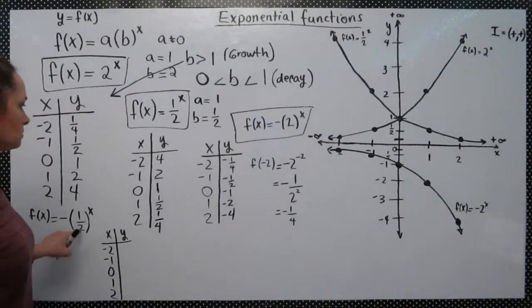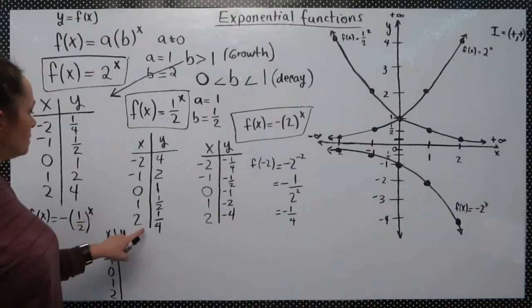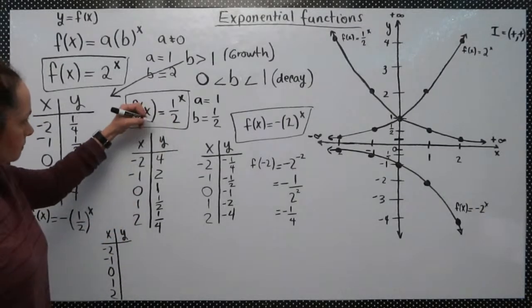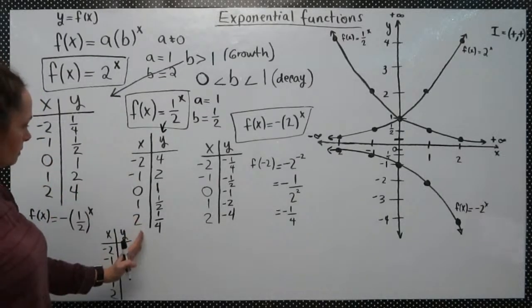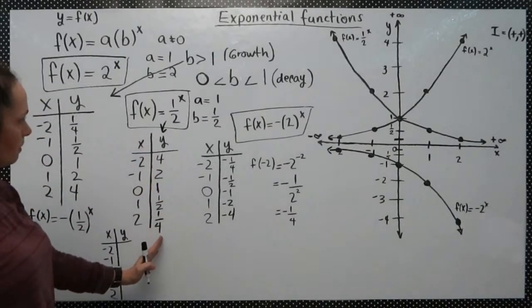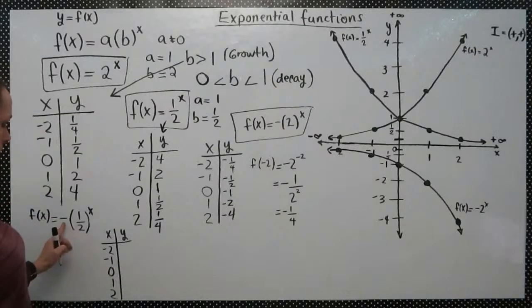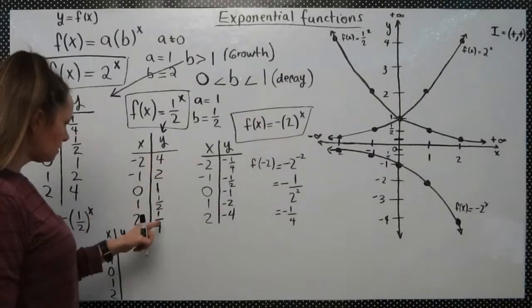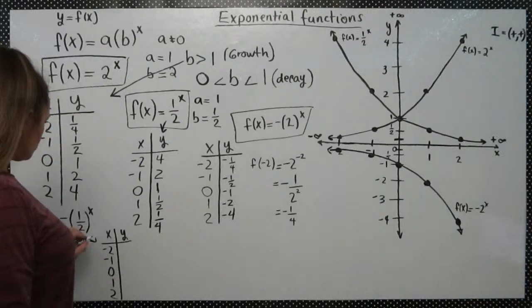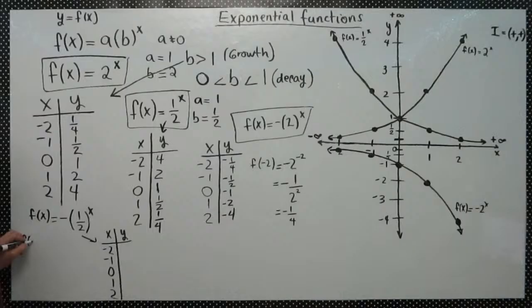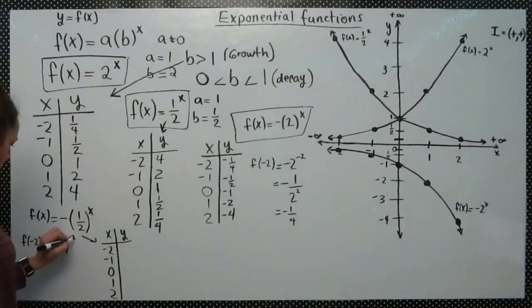And then what we're doing is we're taking all of these values here, this function, and all we're doing is calculating them the same. However, we're going to put a negative out here. I'm copying this range because I don't need to recalculate those values. You can do the first one just to prove it. F of -2 equals -(1/2) to the -2, which equals negative.